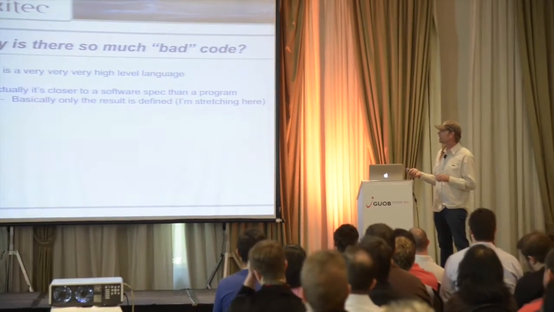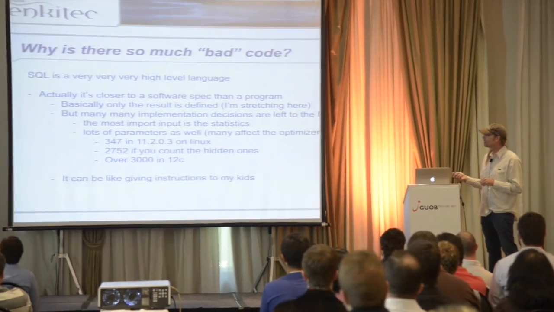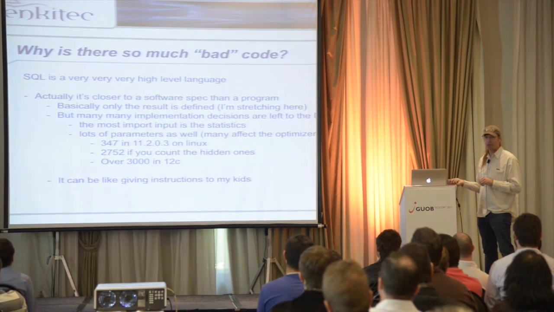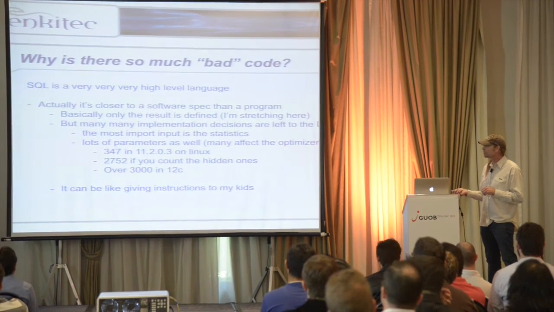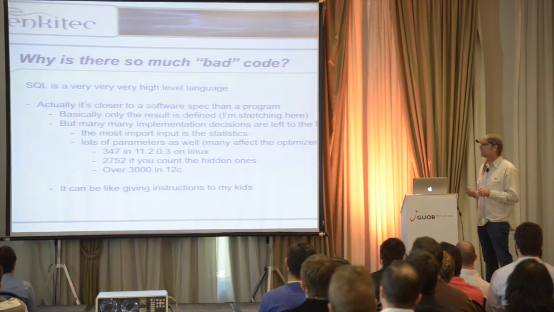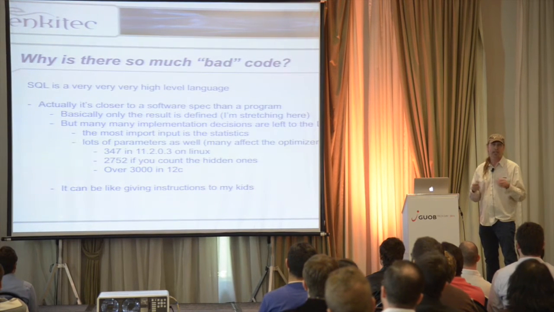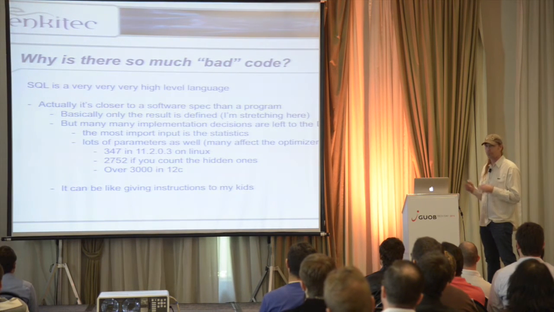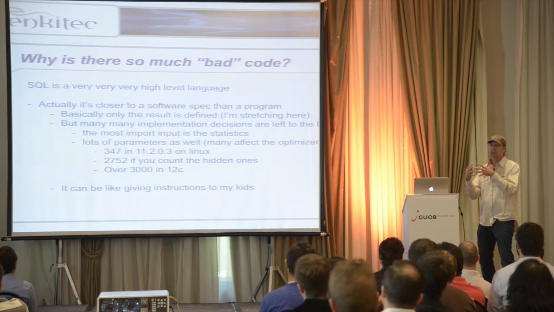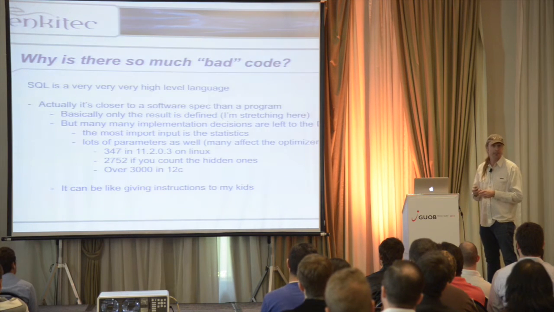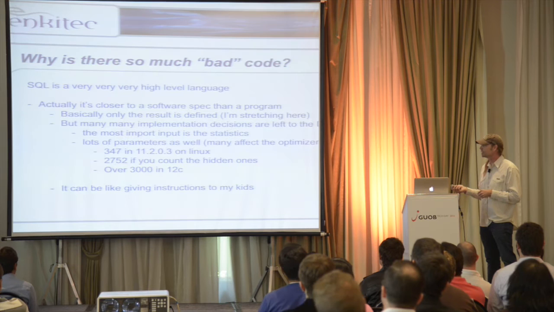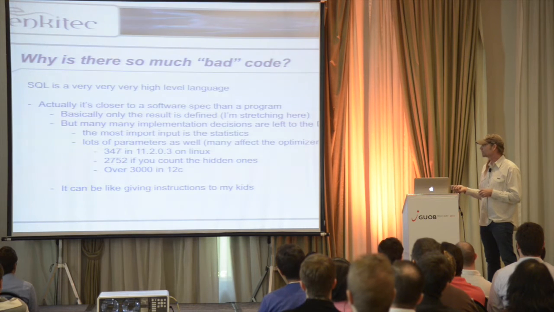But basically, it's just a result set that we're trying to define. I will point out that the number of parameters just keeps going up and up and up. So there's over 3,000 in 12c. And many of those affect how the optimizer itself works. So the number of combinations are just like almost infinite, right? So it's very difficult to deal with that sometimes.